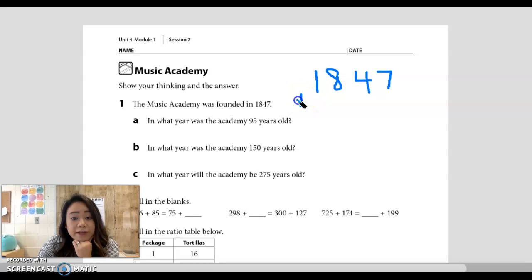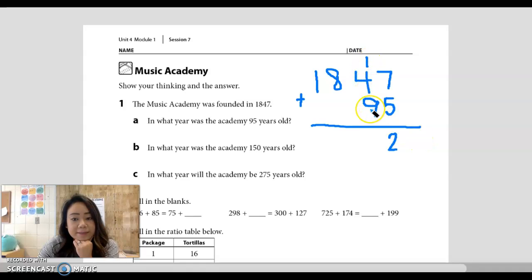So going forward would mean I would need to add. So I would add 95. Notice how when I add these up, my 1s are lined up in the same place value, and my 10s are lined up. So I'm going to add 7 to 5. That will give me 12, but I'm going to put a 2 here and carry the 1 up.